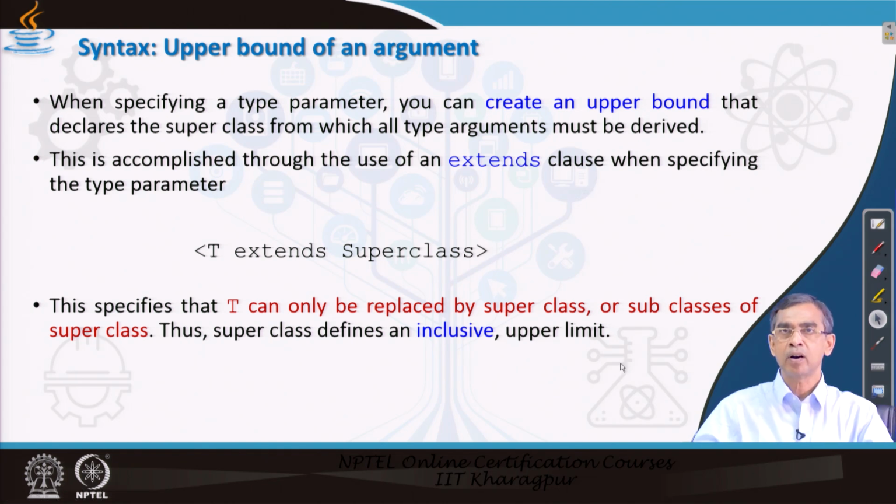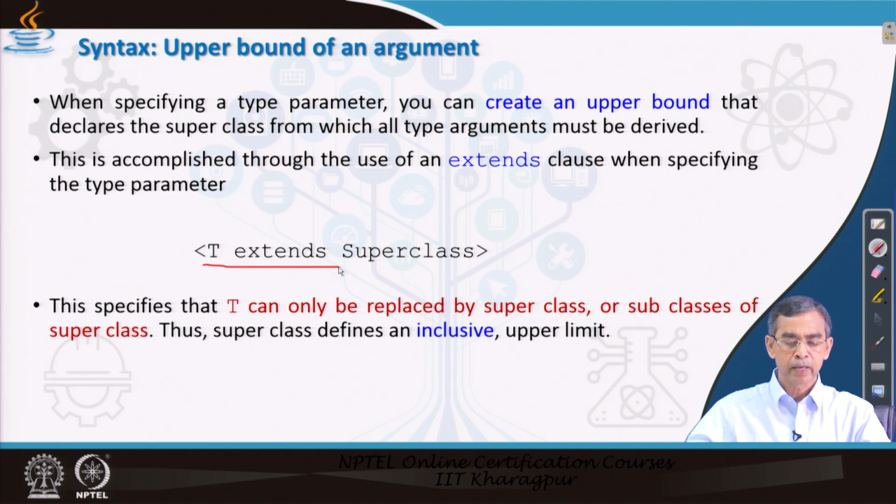Now, so far as bounding of an argument is concerned, there are many bounding procedures. First, let us discuss the upper bound of an argument. While you declare a class, and in that class definition you want to mention a type generically, say T, then we can specify its upper bound for that T template. The syntax is pretty simple. In the previous examples, we discussed this: this is the class name and T in angular brackets.